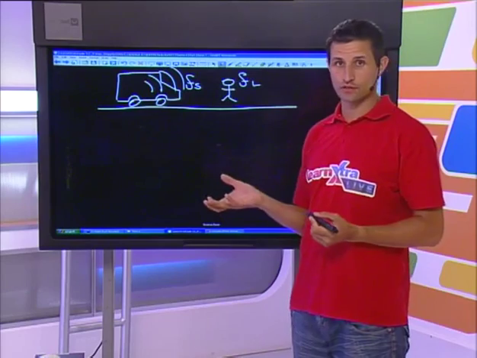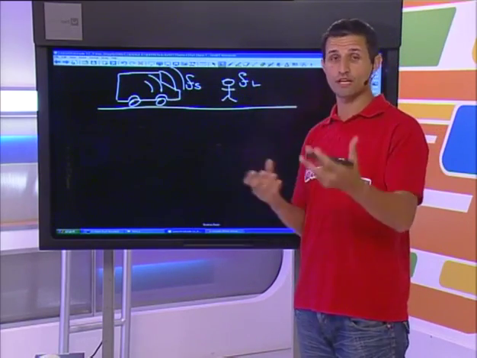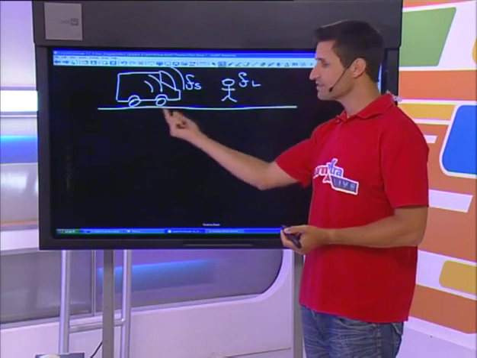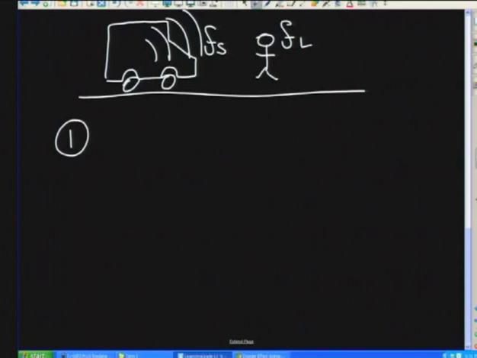Here's the question. Which will be larger, the frequency source or the frequency listened? Because they're approaching each other, step one: I've got objects which are getting closer, so frequency listened is greater than, so increases from, frequency source. That's very important.